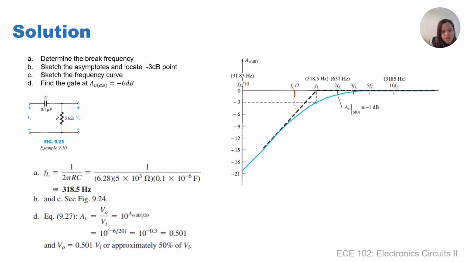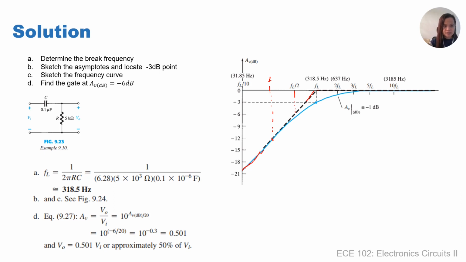And for FL over 10, which is 1 decade, the value is approximately negative 20 dB. Joining those points, we can form the asymptotes of the frequency curve.